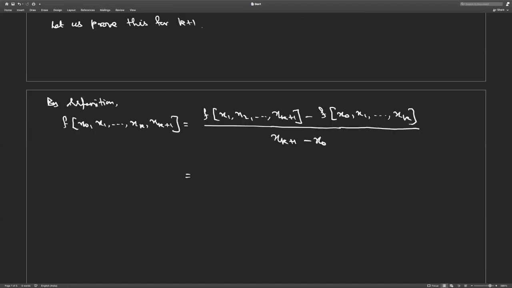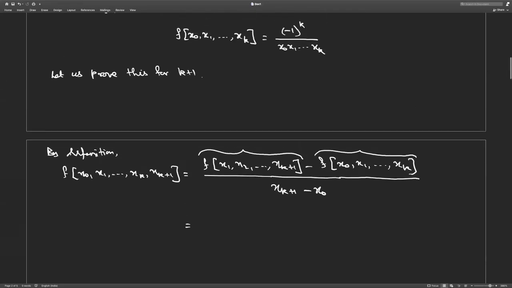That is equal to, now observe that this is a divided difference of order k, and this is also a divided difference of order k, and we have assumed that these two terms are given by this expression.